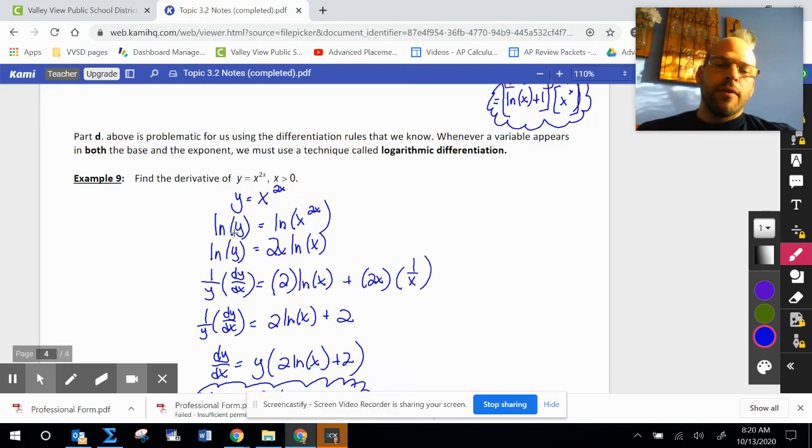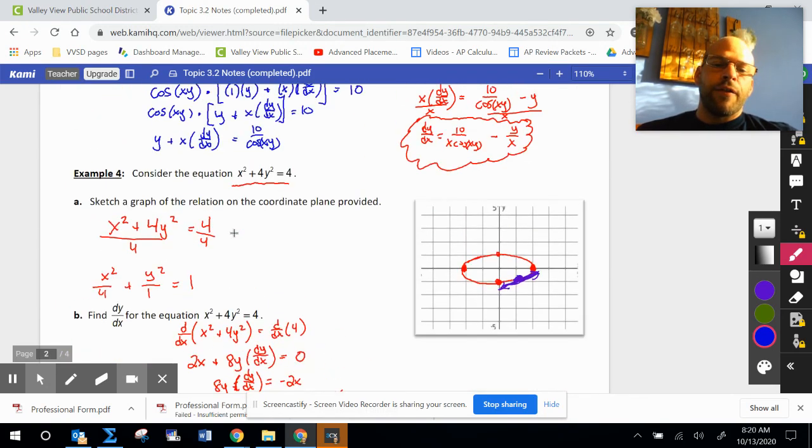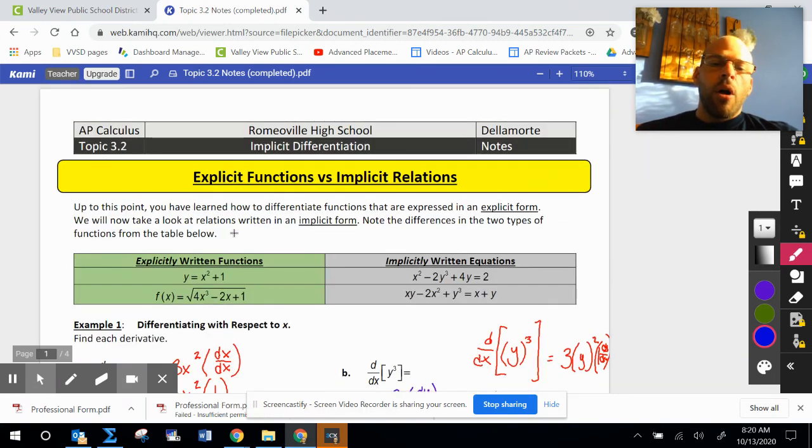So the implicit differentiation problems today were just x's and y's, but you can have x's, y's, z's, w's, any variable you like. And if you take the derivative of those variables, we just need to include a rate of change.